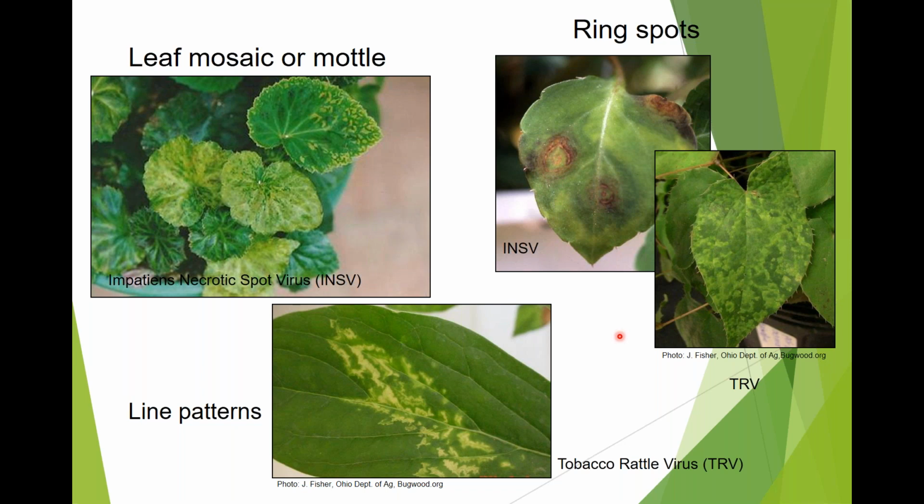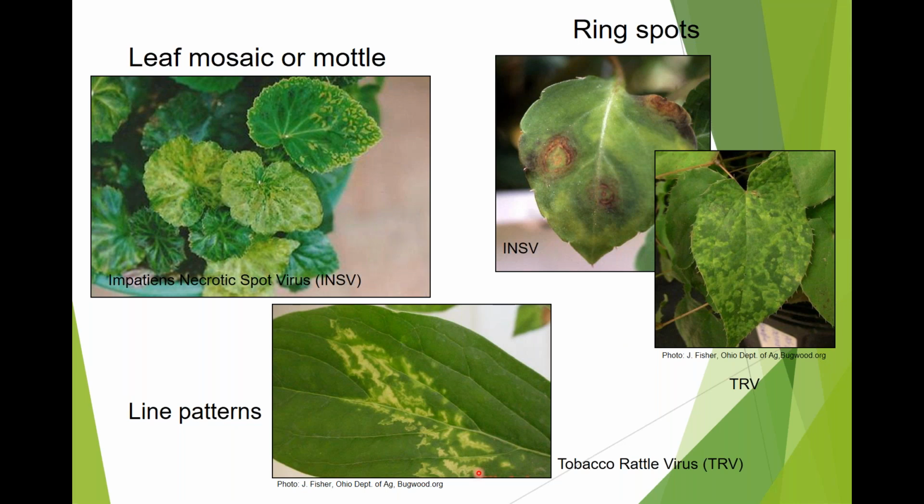And to be honest, I don't know of any other causal agent off the top of my head that causes these kinds of symptoms besides viruses. It may not be indicative of a specific virus. Many viruses can cause ring spot symptoms. But if you see these symptoms in your crop, you should start thinking along the lines of a virus issue.